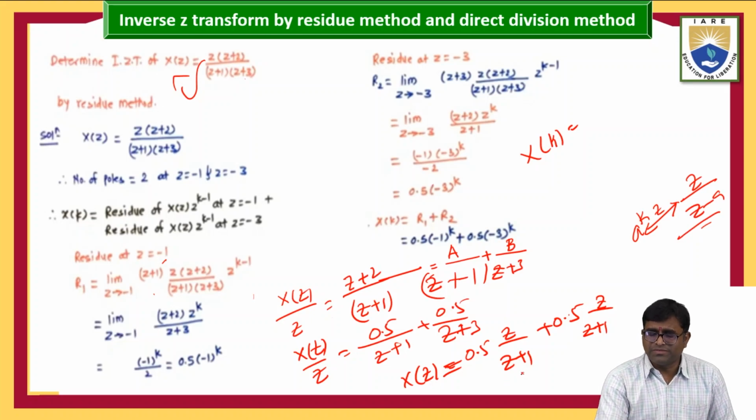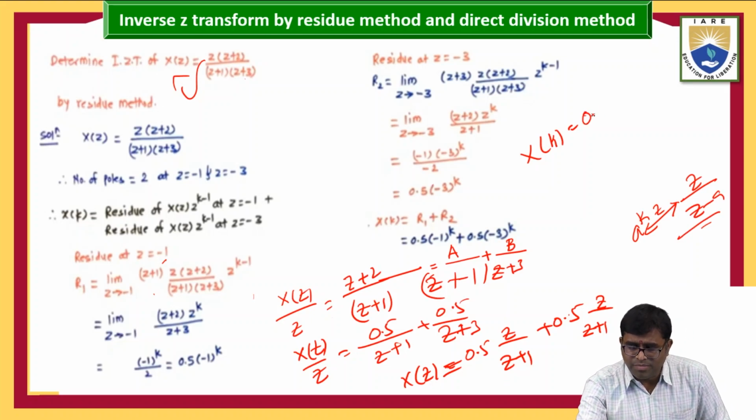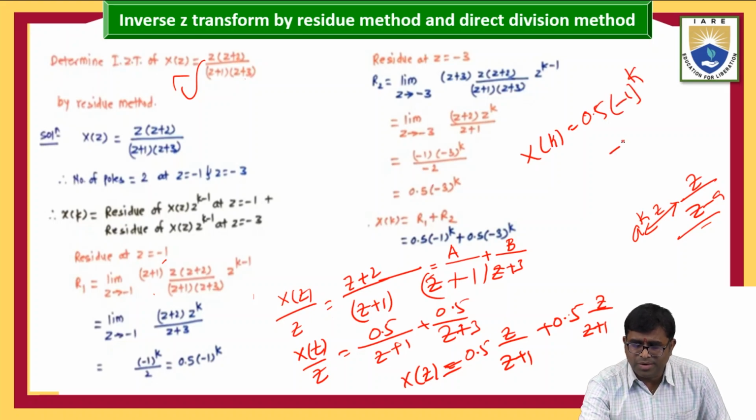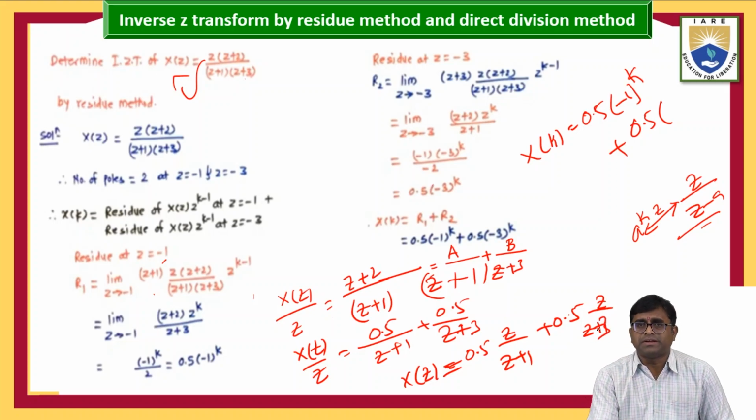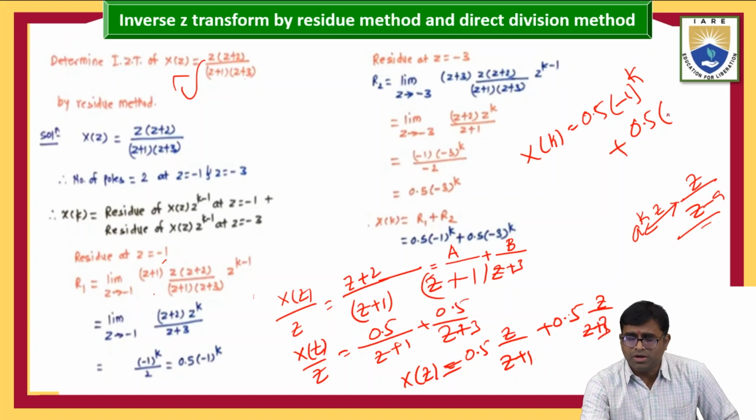So here z plus 1 will be there, that's why it is 0.5 into minus 1 to the power of k, plus again 0.5. What is the value of this one, b? 0.5 into, sorry, the second pole is z plus 3, so it is minus 3 whole power of k.